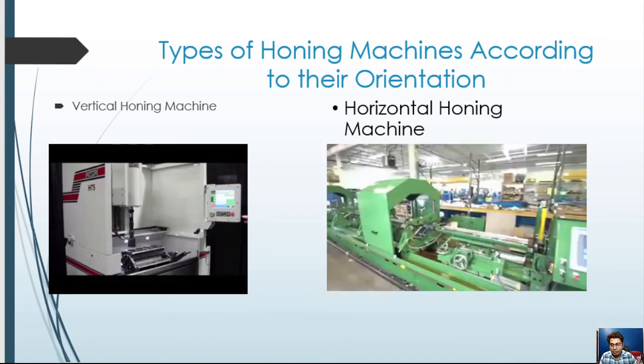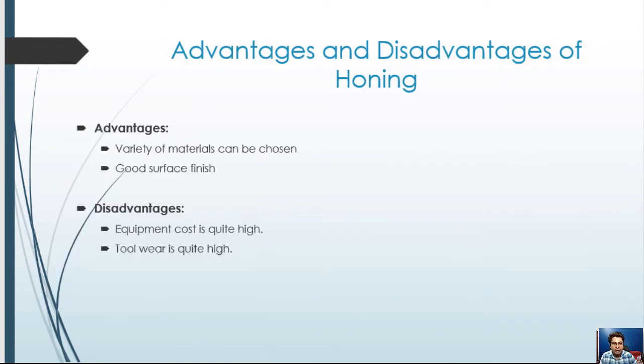Now the next topic is advantages and disadvantages of the honing process. A variety of materials can be chosen in this process. Then a very good surface finish may be obtained from the honing process.